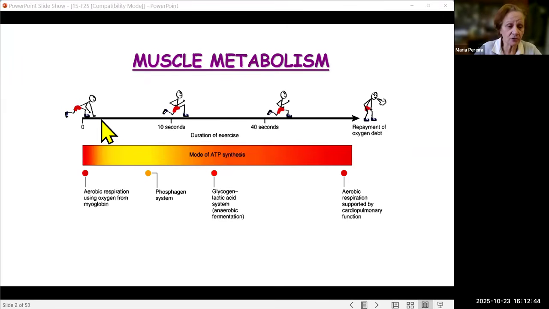So this sort of tells you the timeline of a muscle fiber when you're doing exercise. So it relies on the production of ATP through these three different systems.